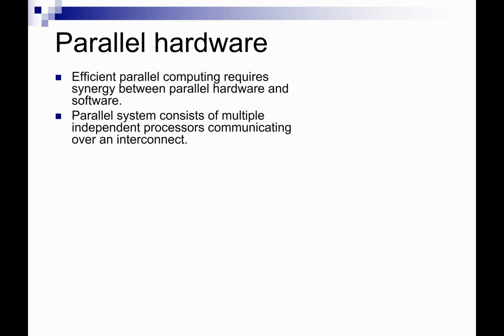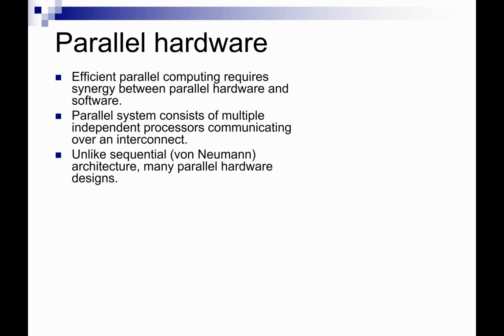And this is done through an interconnect, a communication interconnect between the processors. As I mentioned, when you look at sequential computing, there's basically one model, which is the von Neumann model. The von Neumann model is that you have memory and you have a processor, and then you have communication between these two things.